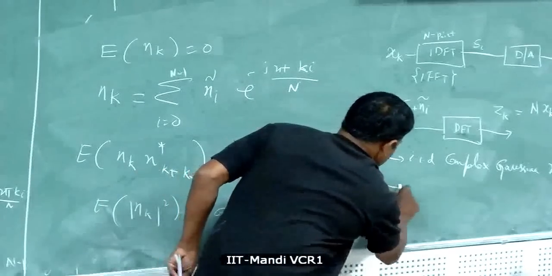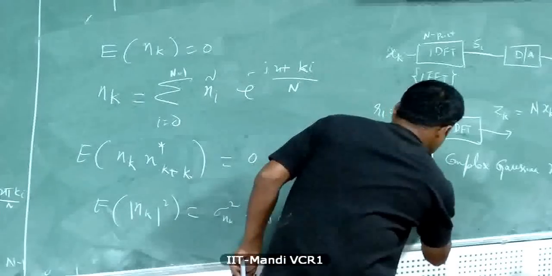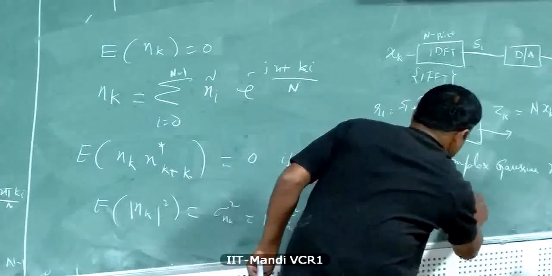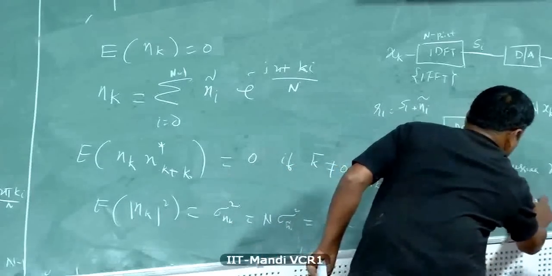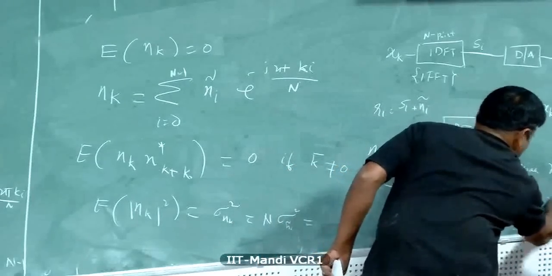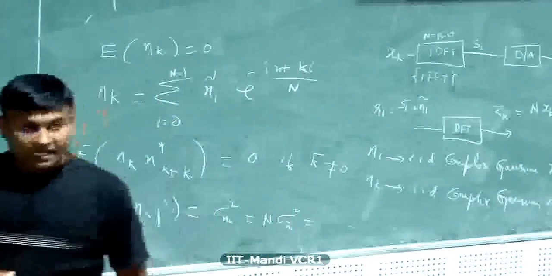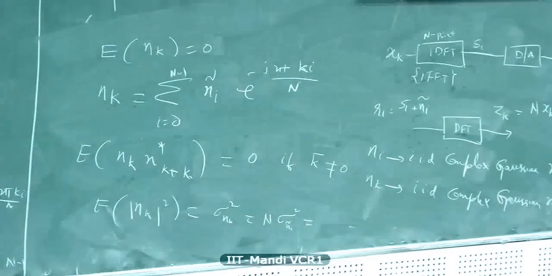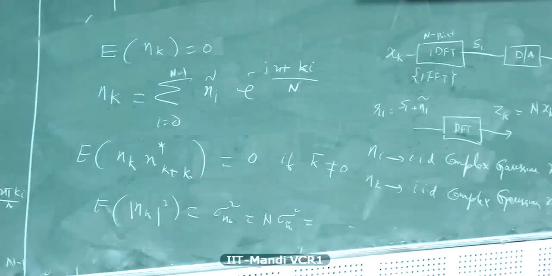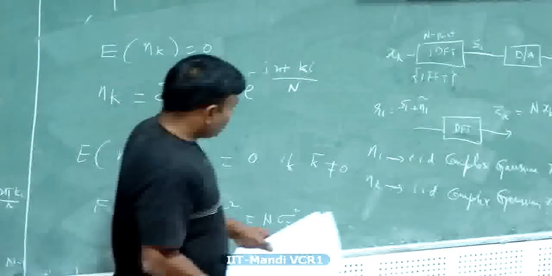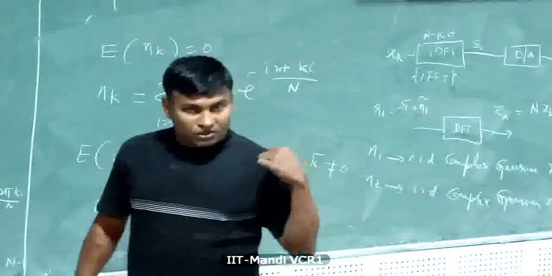N of K will also be IID complex Gaussian random variables, but the only difference is that the variance is higher. That is a property of DFTs, and you should be able to show that.